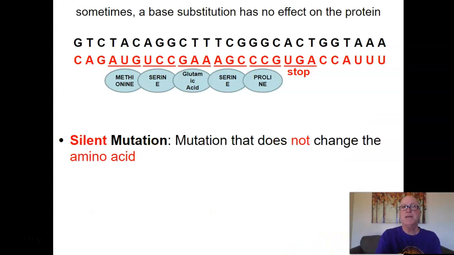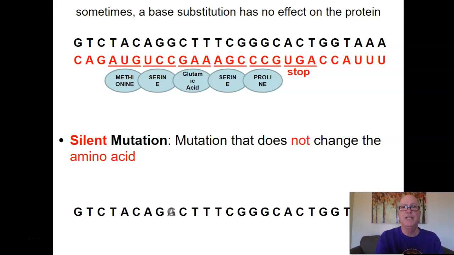Okay? Now sometimes a base substitution has no effect on the protein at all. And if that's the case, we call it a silent mutation. So you can write that in your notes. Sometimes a silent mutation doesn't even change the amino acid.